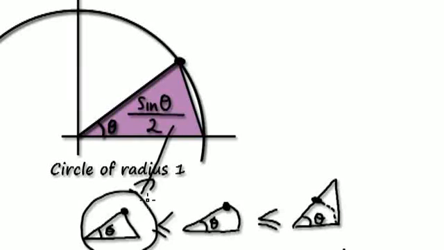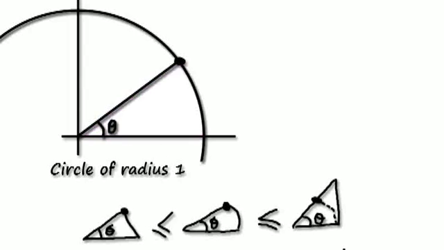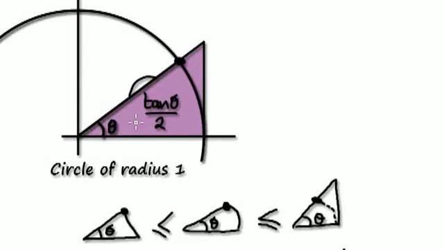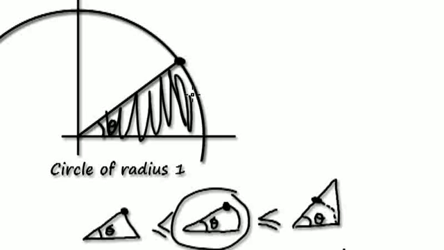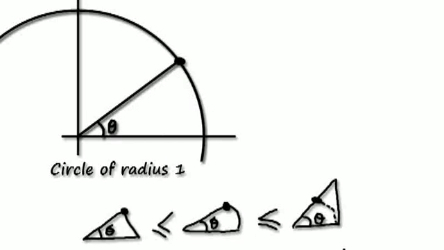So this purple area is here, and the big one, this tan theta over 2, is this area here. My point is that this area here, which is this circular segment, is always in between this smaller triangle and this big triangle here.